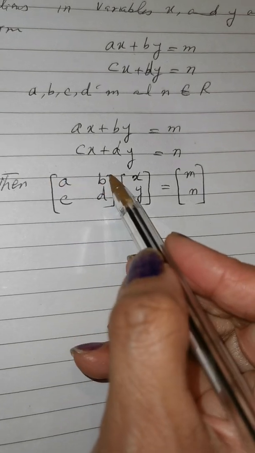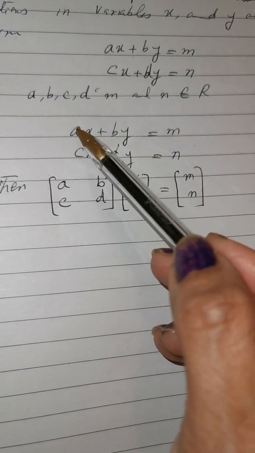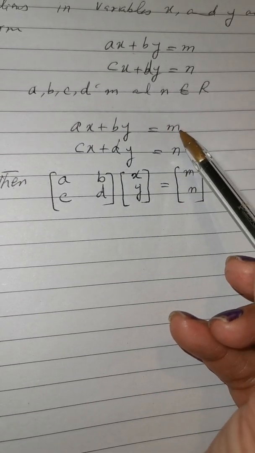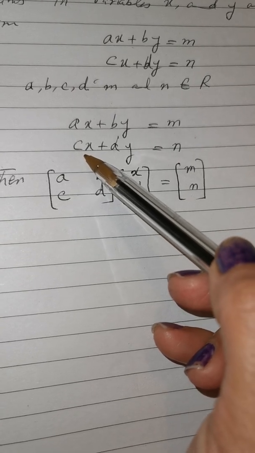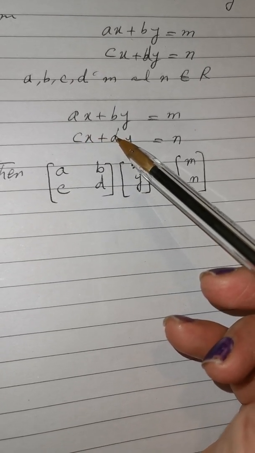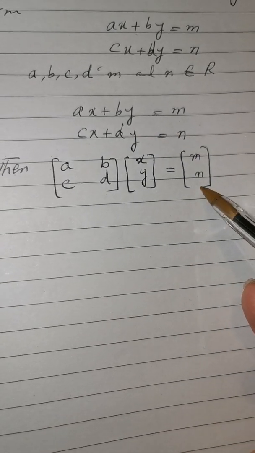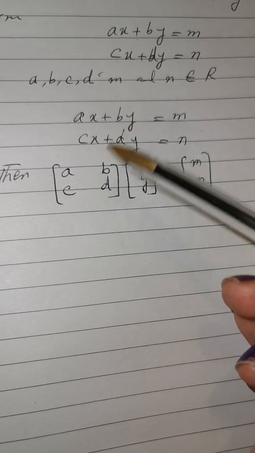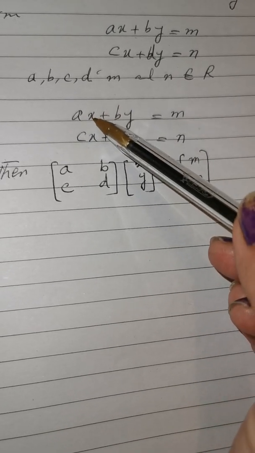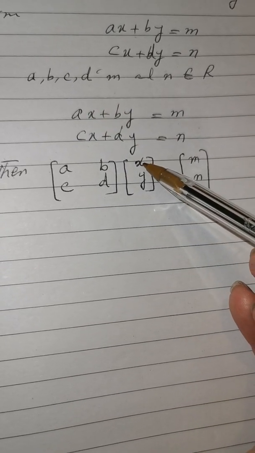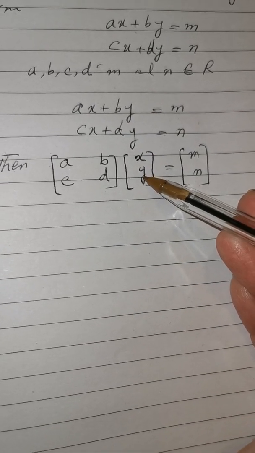So in the first row I will write the coefficients of the first linear equation, and in the second row the coefficients of the second linear equation, with its constant on the other side, and it will multiply by x and y. First x I will write in the first row, and the second variable in the second row.